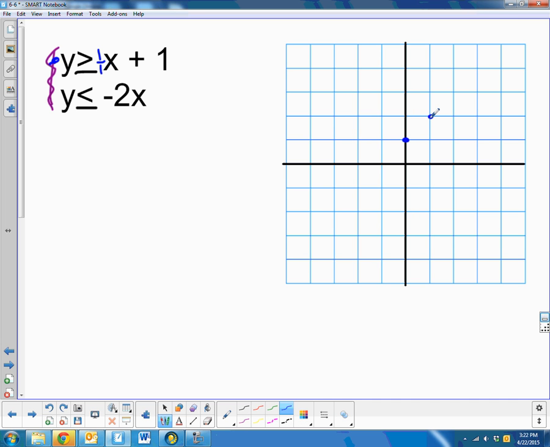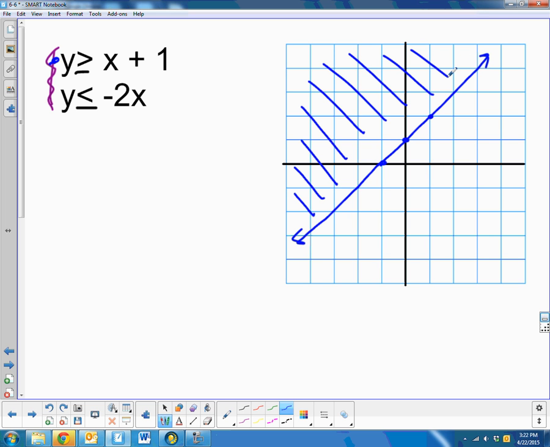I've got my equation here, I've got my graph. It says y is greater than or equal to, so I have a solid line. And it says y is greater than x plus 1, so y is above the line. So I'm going to shade everything above the line.